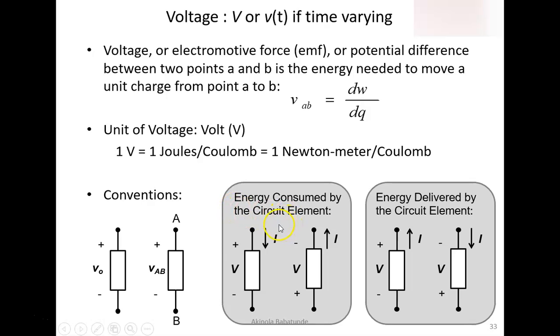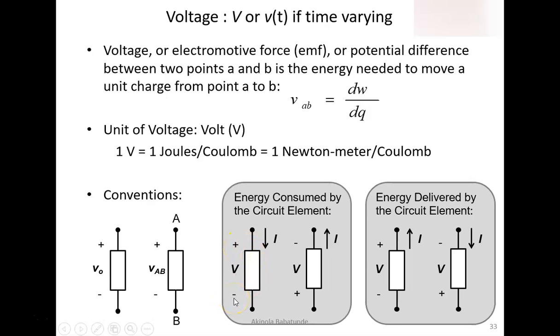When energy is consumed by the circuit element, which is the circuit element given here, current is flowing from the positive charge to the negative charge. This is important. No matter what the structure of the system looks like, if energy is consumed by the circuit element, current always flows from positive to negative.